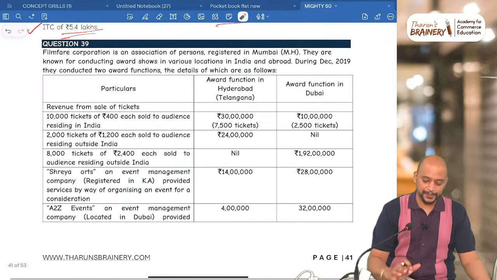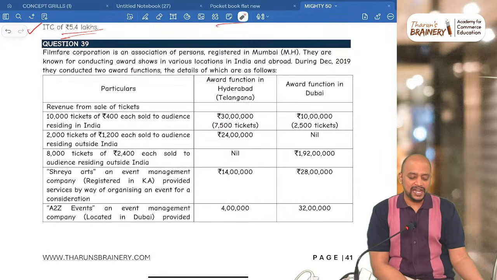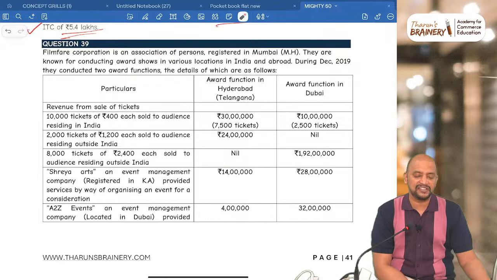The next one you see. Shreya Arts, an event management company registered in Karnataka, provides services by way of organizing an event for consideration. So what is this? Provided event management service, organizing an event.